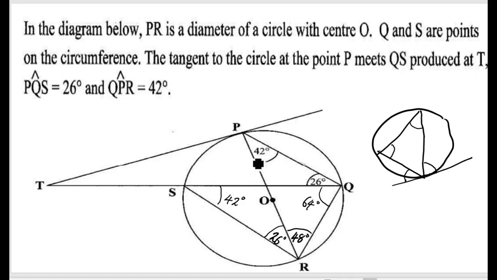Okay, so let us apply this on this tangent. This is a tangent, meaning this angle is looking at this angle when we look at this triangle here, triangle PQR. These two are equal.